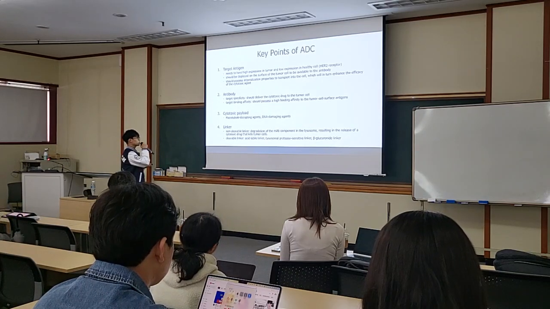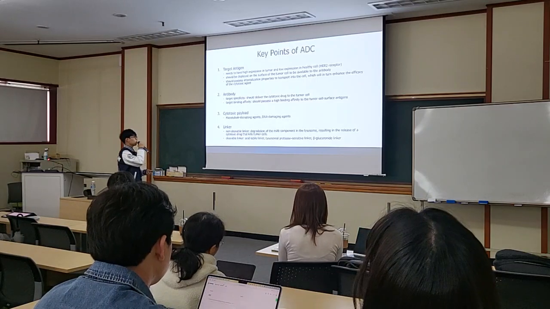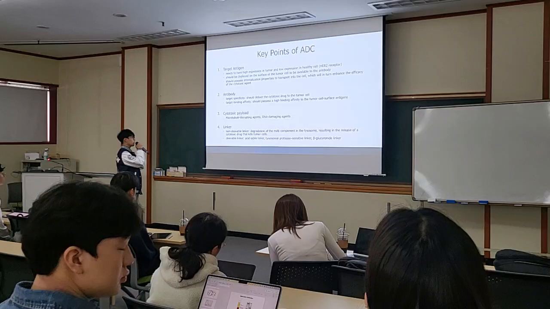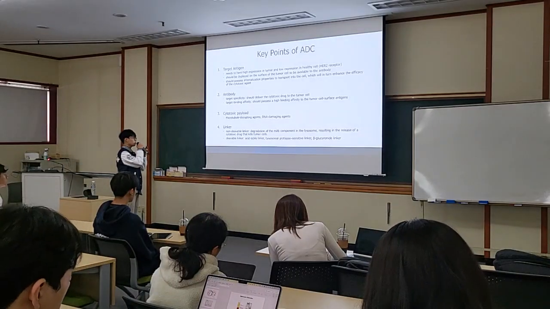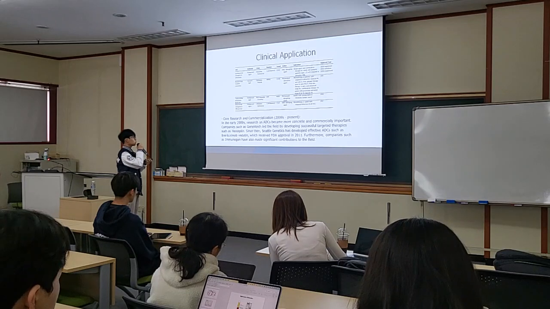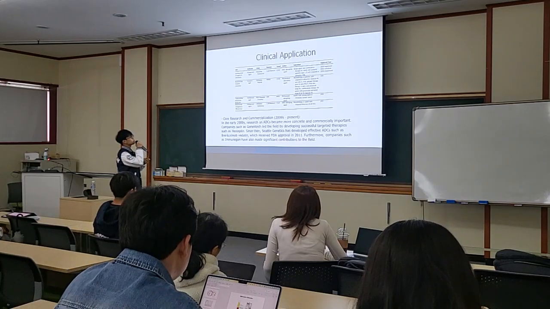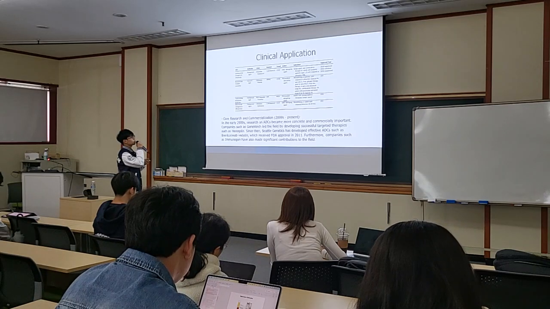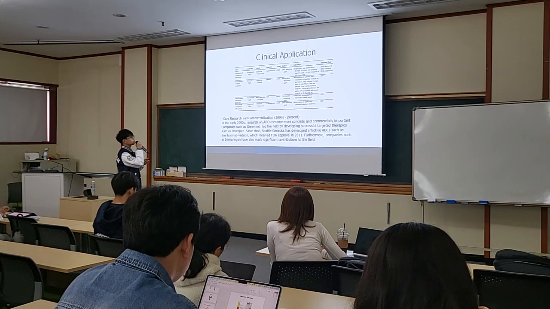And third is the cytotoxic payload. It can attack tumor cells by a microtubule disrupting agent and a DNA damaging agent. In our slide, there are DNA damaging agents and microtubule disrupting agents.